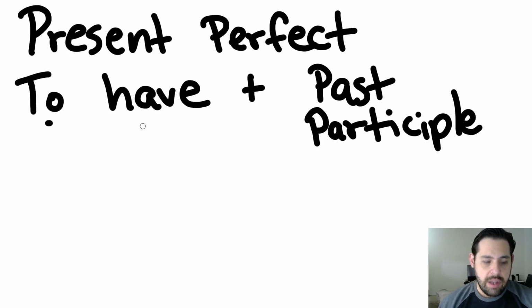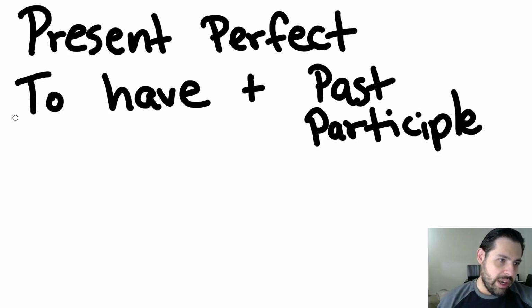So to have plus the past participle. And so you might be asking yourself, okay, how do I conjugate this? Well, the past participle, we know that it ends either in ed or there's going to be a couple of irregular ones. So I'll talk about that in a minute.